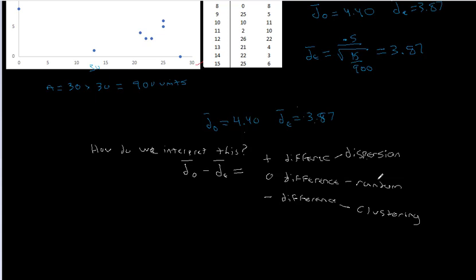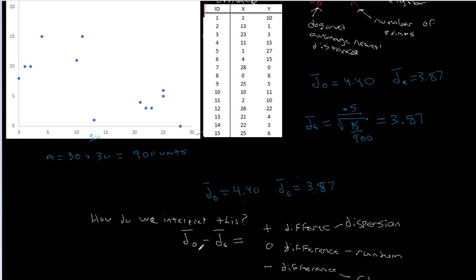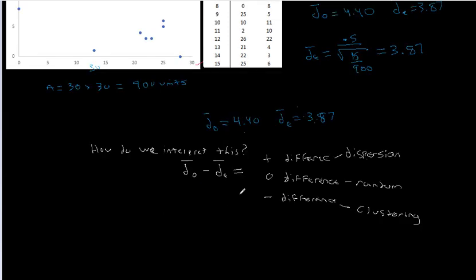Okay? So hopefully this made sense, how we went from a set of points, calculating the distance between every point and every other point, using that distance matrix to get the minimum distance, so the distance to the nearest neighbor, taking the average of that to get our average nearest neighbor distance, calculating the expected average nearest neighbor distance by incorporating the number of points, the size of the area, and this constant, and then simply comparing them to see what the difference was.